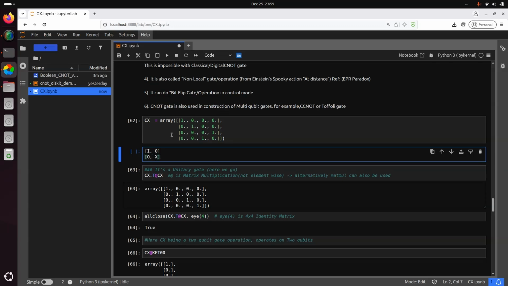And here we have the X operator. So this is a 2 cross 2 matrix. In a general understanding, it's a 2 cross 2, and this is a 0 matrix of 2 cross 2. Similarly, this is 2 cross 2. It's again 2 cross 2.